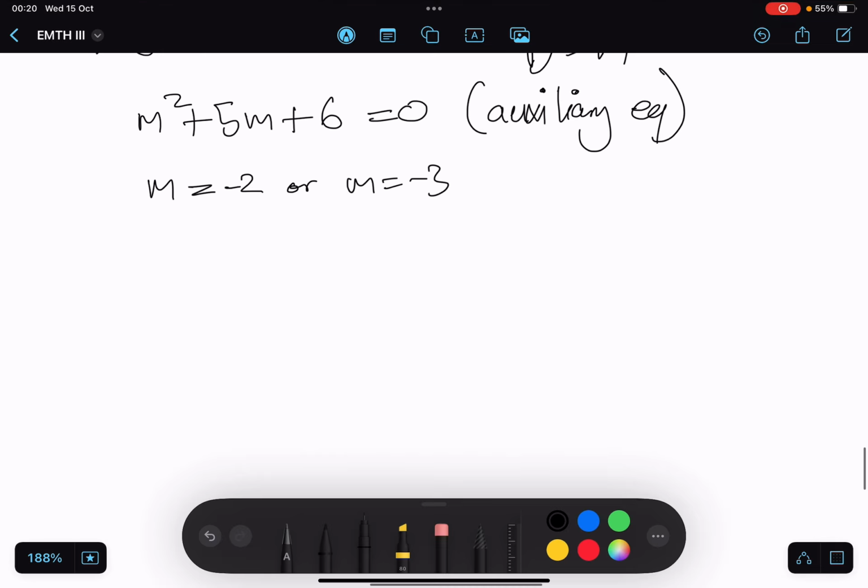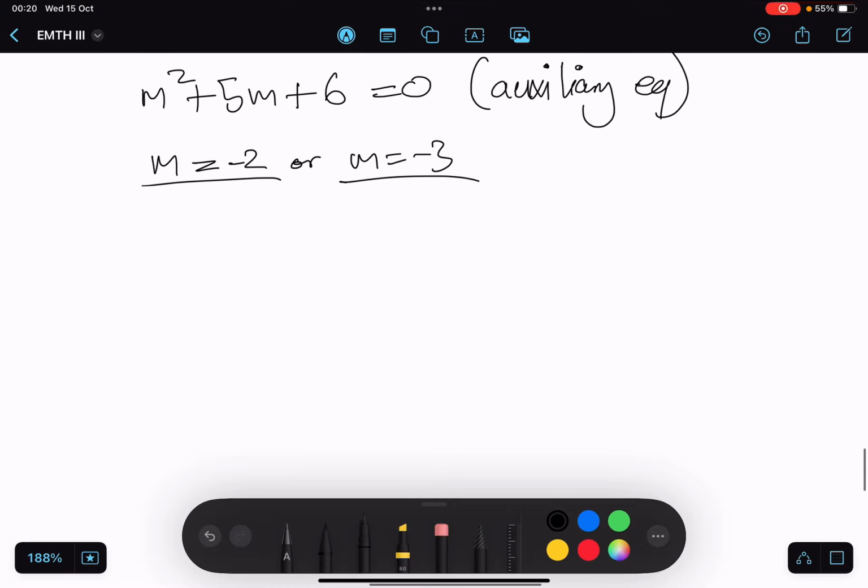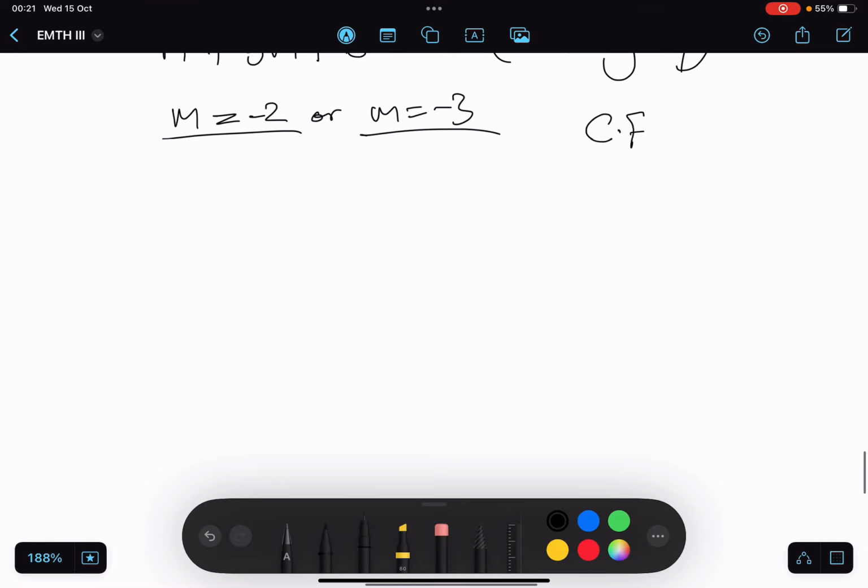After we find the values of m, we have to construct our general function, which is going to be y.